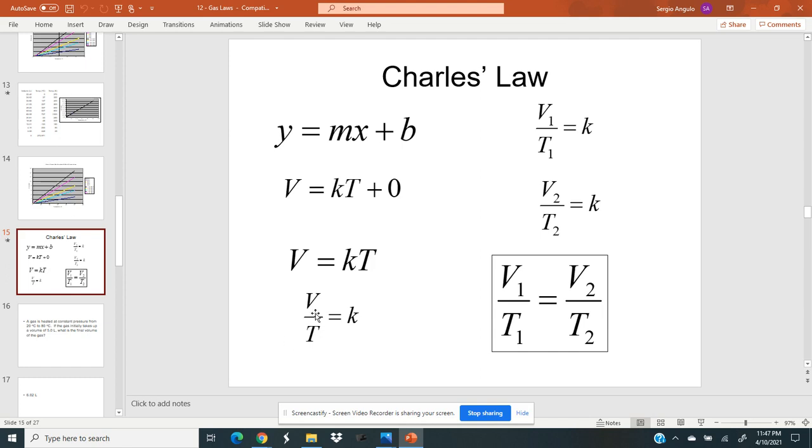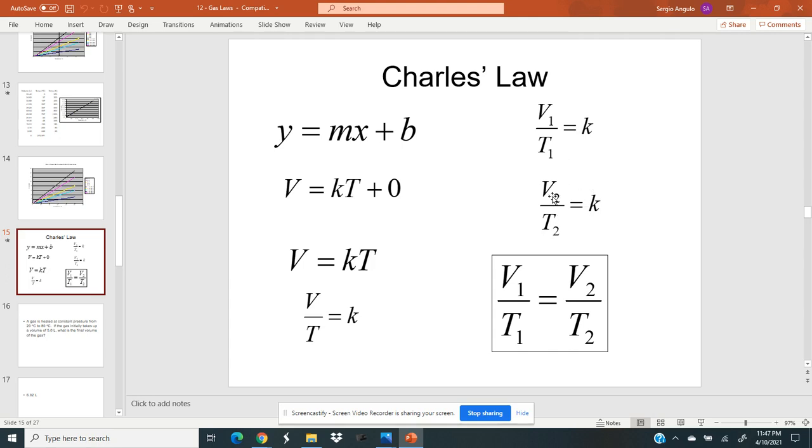So if you had volume at one point in time and the temperature at one point in time, that would give you this K ratio. If you change the temperature and that changed the volume, or vice versa, you change the volume and that changed the temperature, they would have to be at the same ratio. So this K is this ratio or proportion between volume and temperature at any point in time.